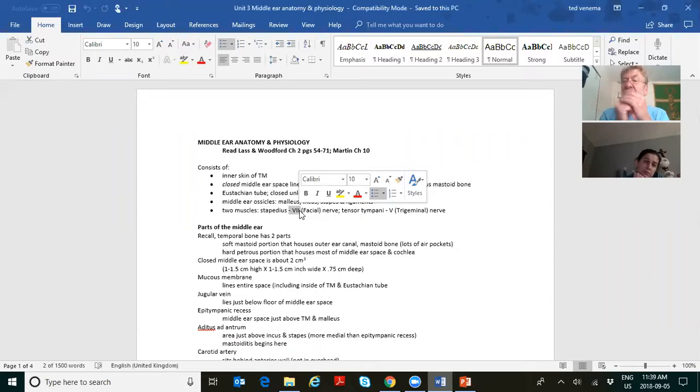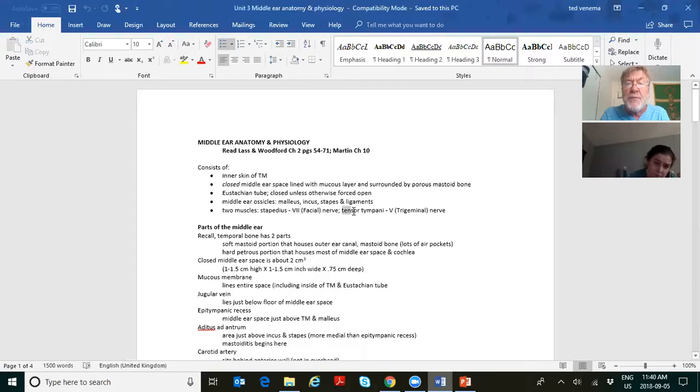The 8th is a sensory nerve. The 8th sends sound info to the brain. The 5th cranial nerve communicates with the tensor tympani muscle, and the 7th cranial nerve communicates with the stapedius muscle.